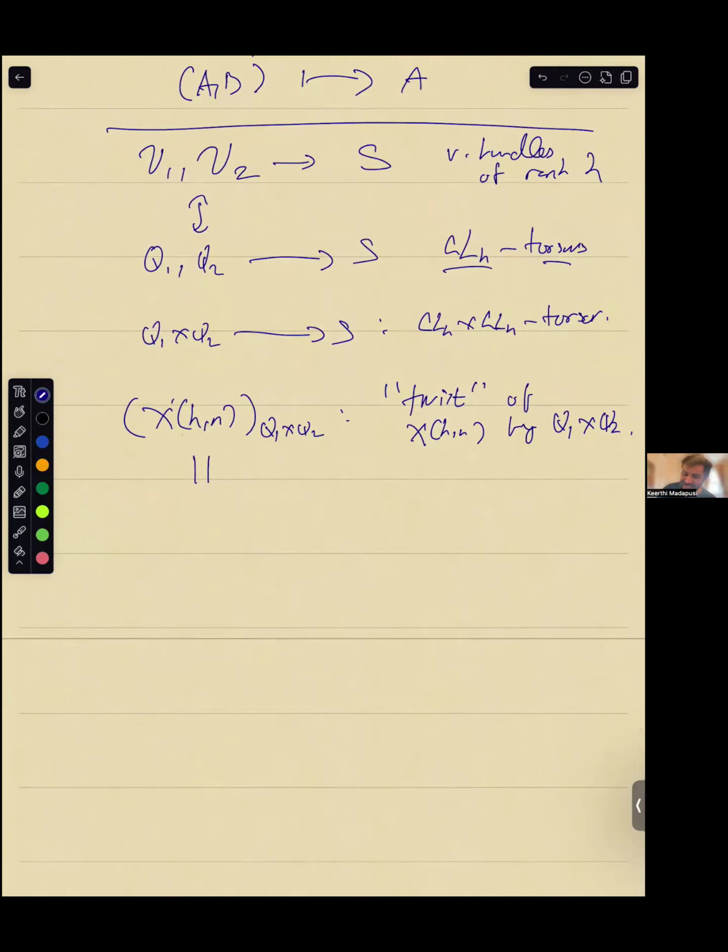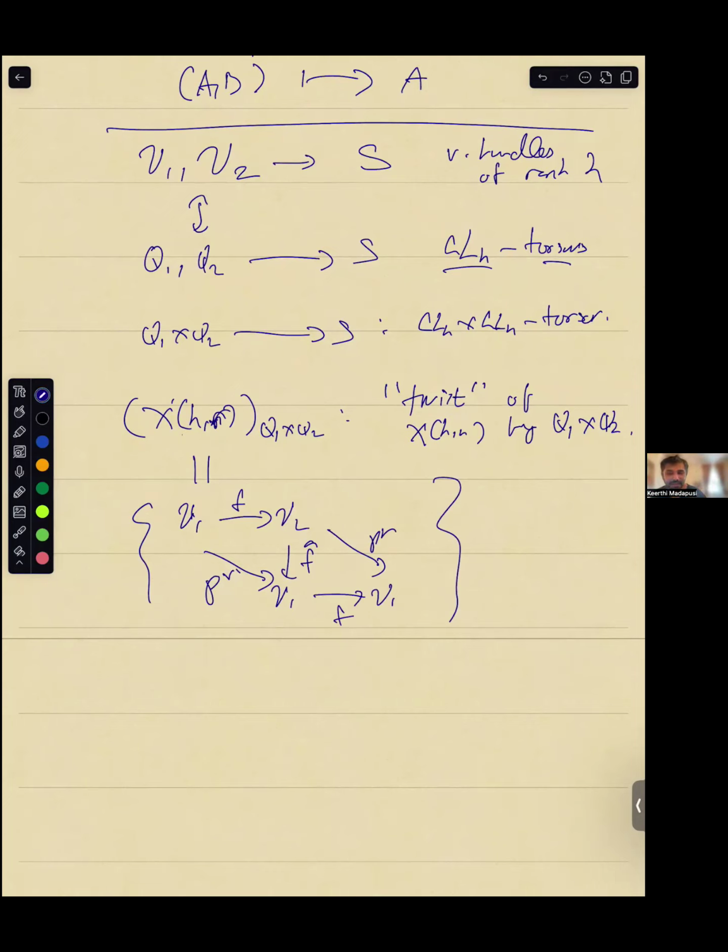So by just unraveling the definition of what this twisting means, all this is the space of maps. In this way, all this is the space of what you can call isogenies bounded by degree p to the r between v1 and v2.